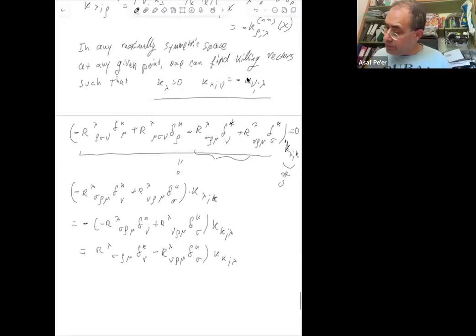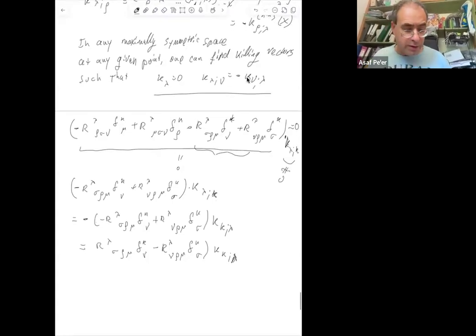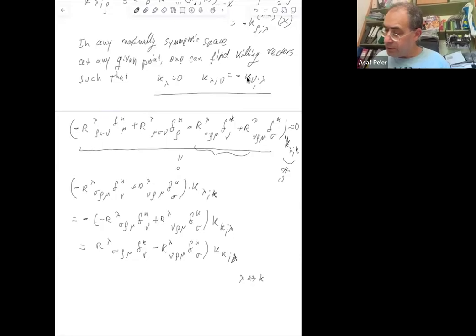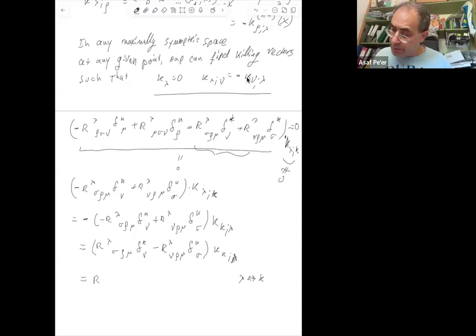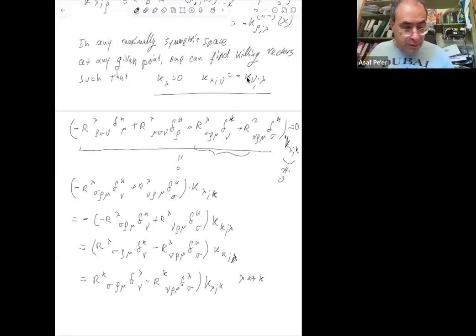Now I'm going to switch. I'm not going to use Killing's equation, I'm just going to change the notation between lambda and kappa. Those are both dummy indices. So this is R_kappa sigma rho mu delta_lambda nu minus R_lambda kappa nu rho mu delta_lambda sigma k_lambda;kappa. Now I can use that inside this equation here.